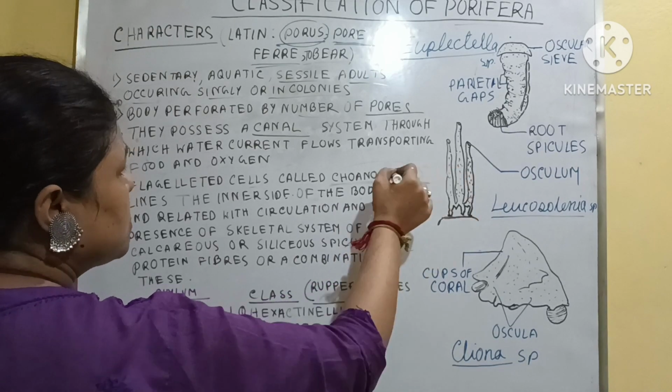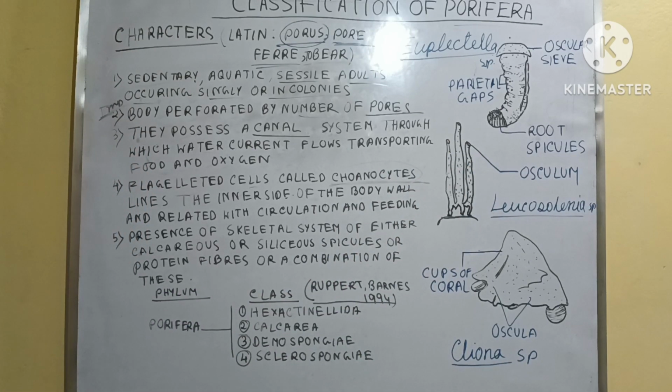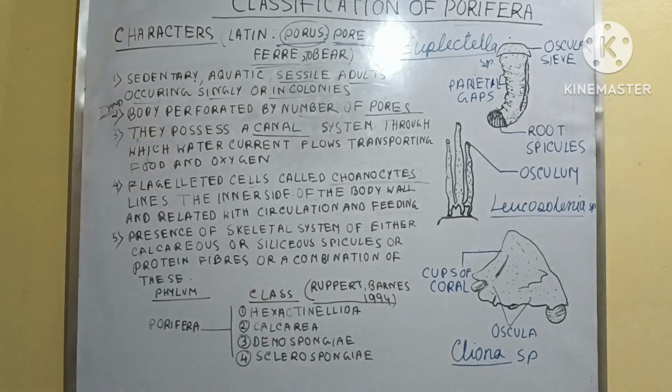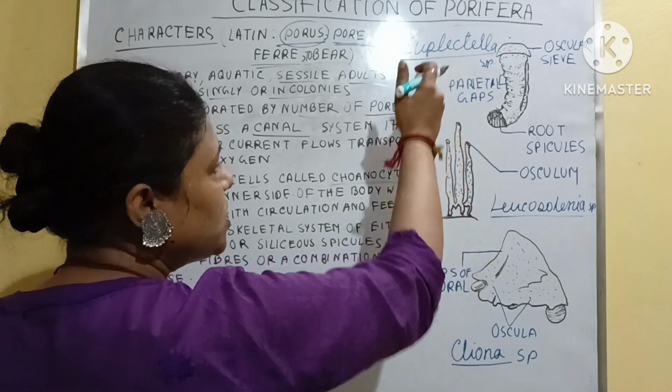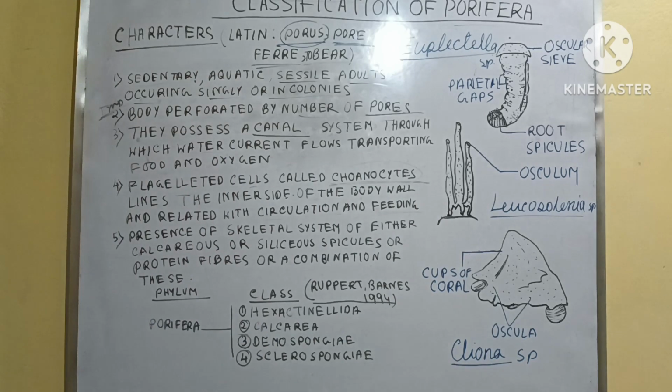These choanocyte cells present in the inner wall of the body help generally in circulation and feeding. The water with minerals and oxygen is transported and circulated within the body with the help of the choanocyte cells. Clear?